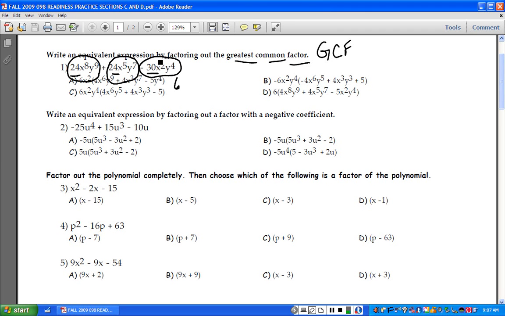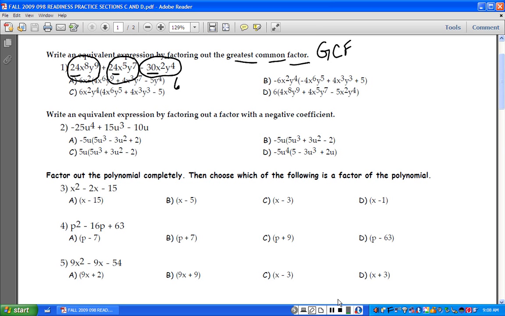So we look at each of these 3 terms and see if there is a variable common to all 3. In this case, we have an x in each term, and we have a y in each term: a y to the 9th, a y to the 7th, a y to the 4th. So we've met the check of seeing that there's a variable in each term to be factored out.